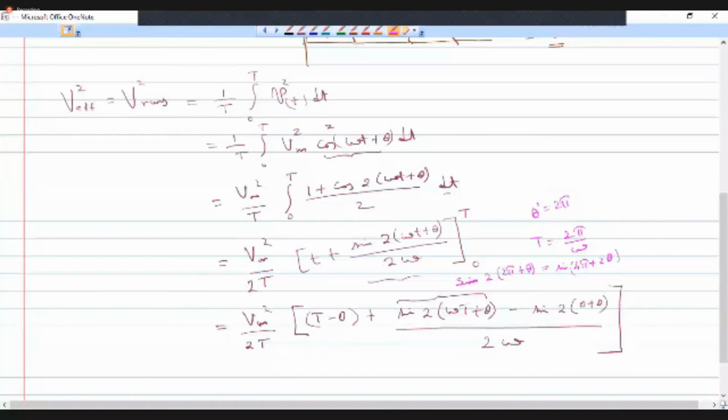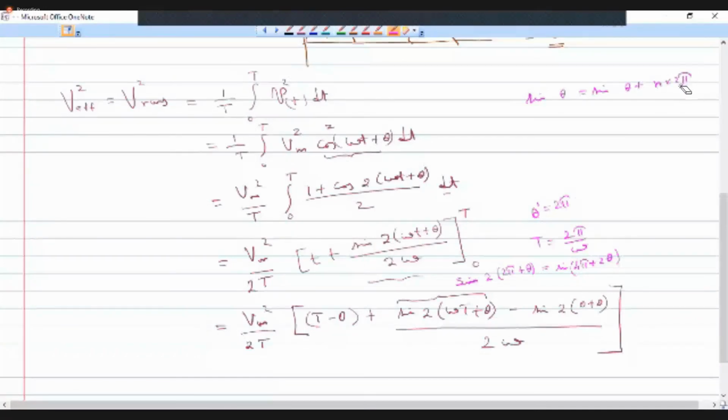You know that sine is periodic. For example, sine of theta is equal to sine of theta plus n into 2 pi, right?